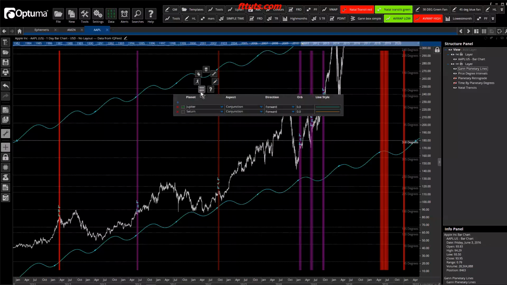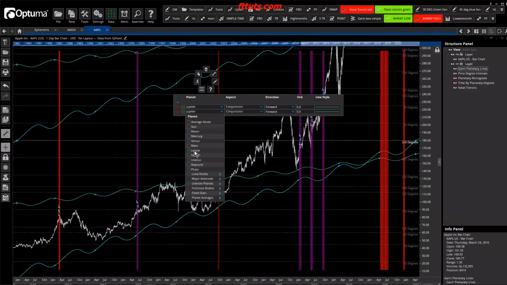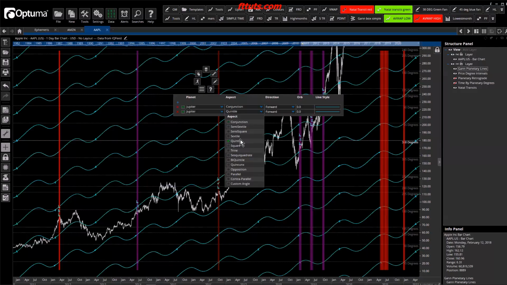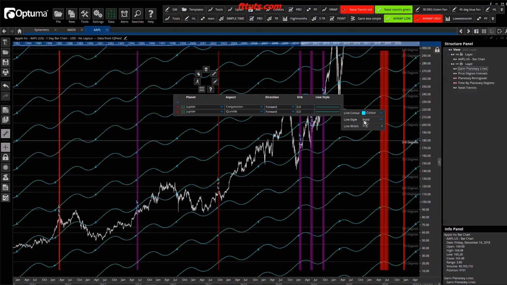If we don't want to fluctuate our ratio too much, we can look for Jupiter's position to be repeated at 72 degrees in the same way that we're repeating in time 72 degrees. Let's put our quintile Jupiter planetary line. I'm going to just make it stippled so it's a little bit more faint.